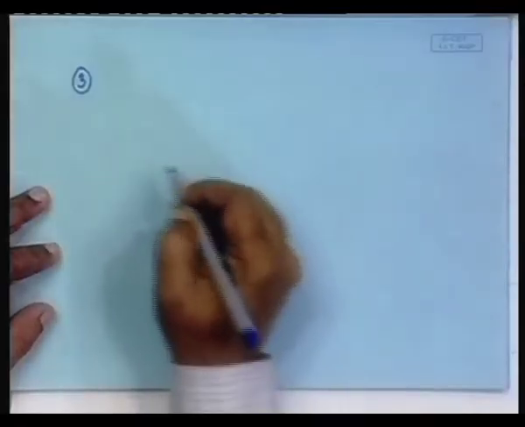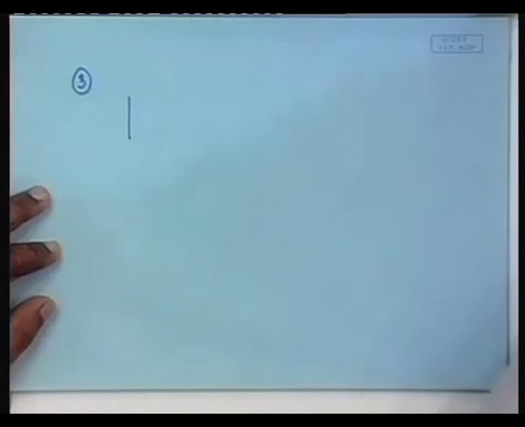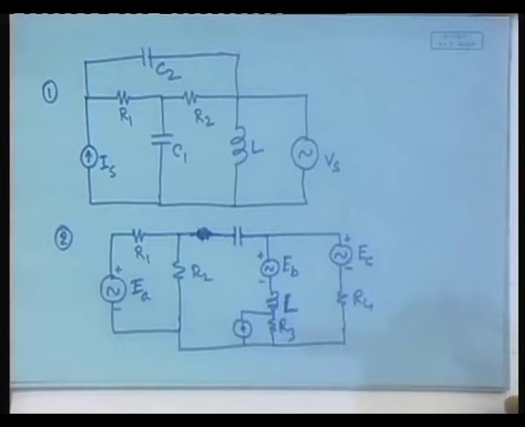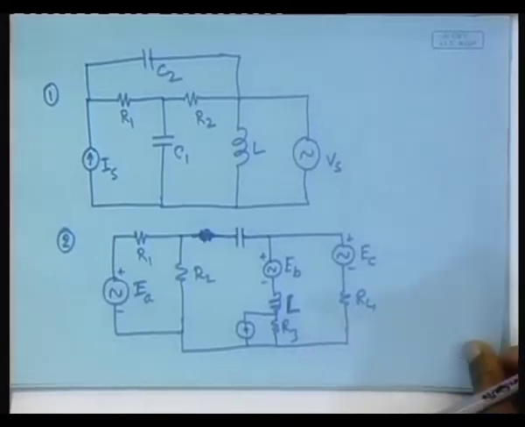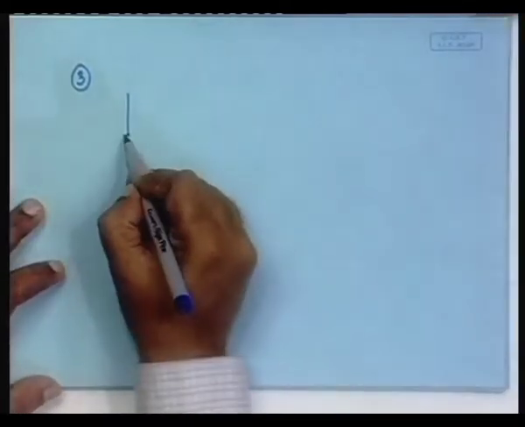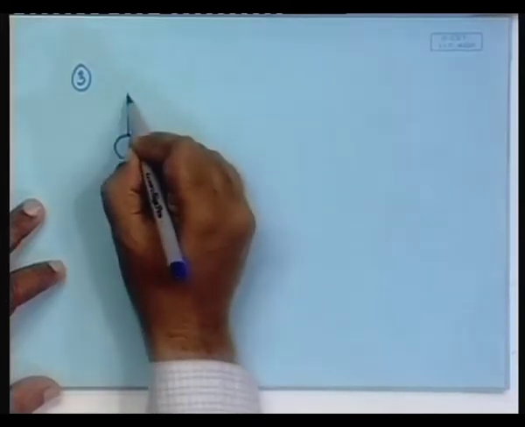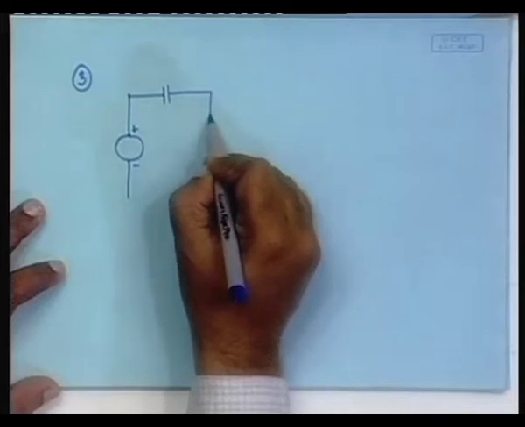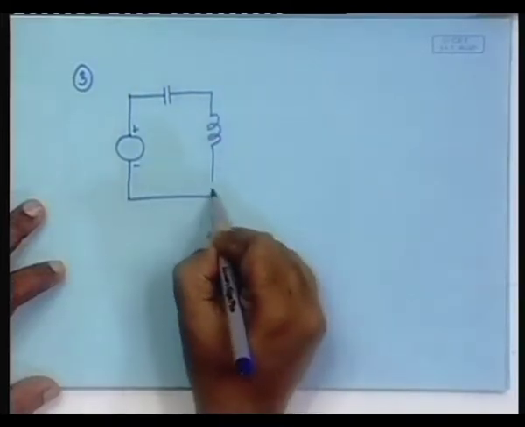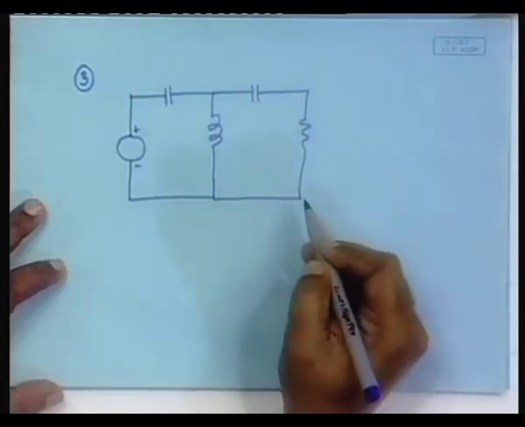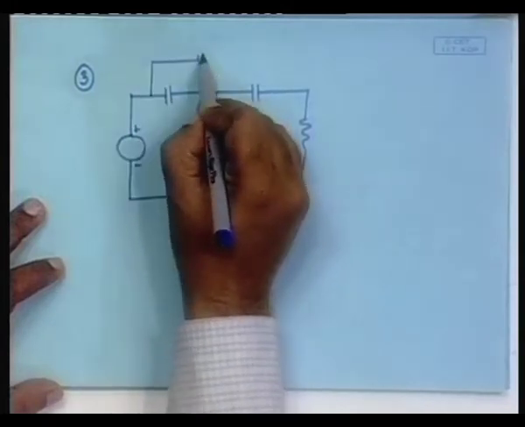Third problem, you have got a voltage source connected with a capacitor, with an inductor, with another capacitor, with a resistor here, and we have a resistor coupling here.